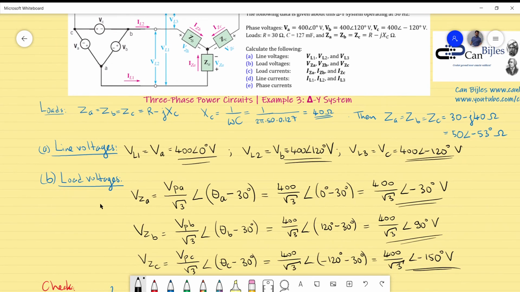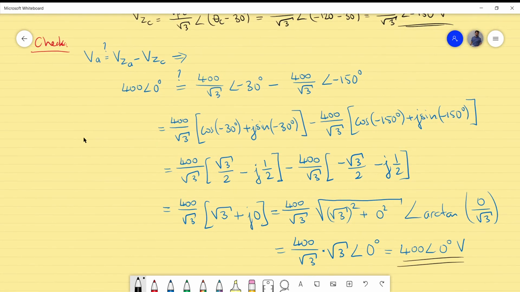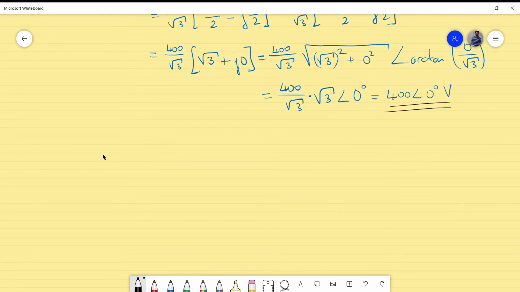So I will do that in the next part. So the load currents, and using Ohm's law, we are actually very close to that. So IZ of A will be VZ of A divided by Z of A.